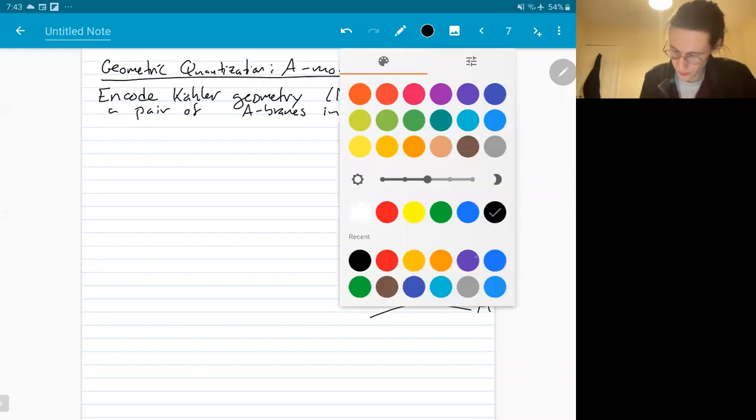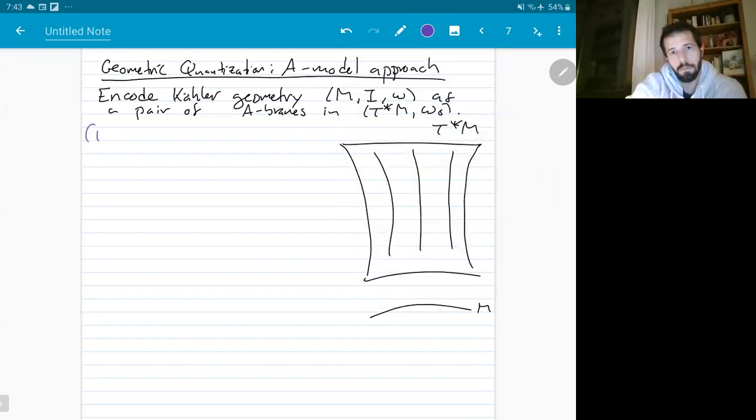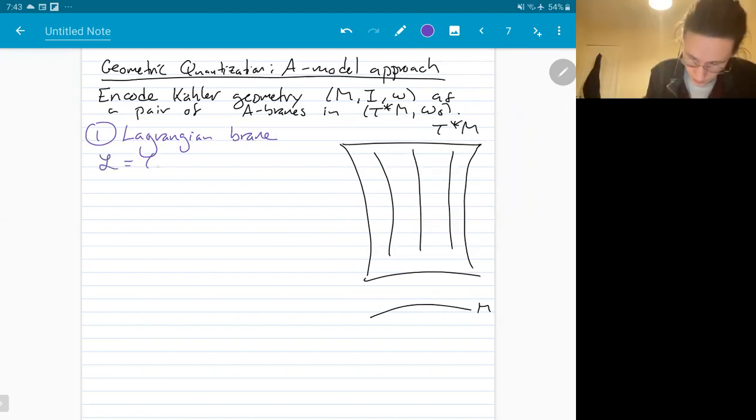So what are the two branes? So the first is a Lagrangian brane, which I'll call L, and it's given by the zero section in the cotangent bundle equipped with the trivial local system. So it's something like this.